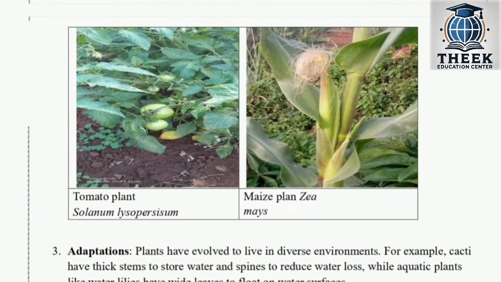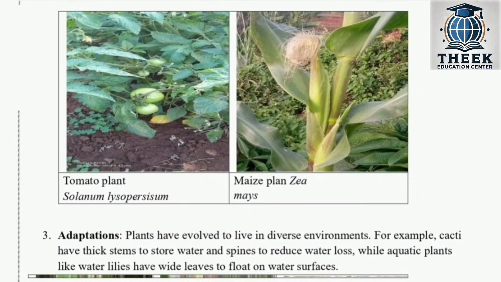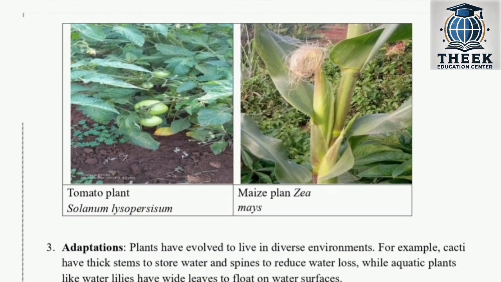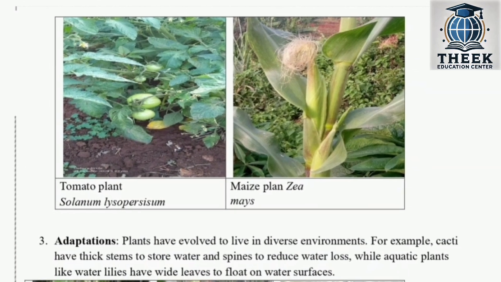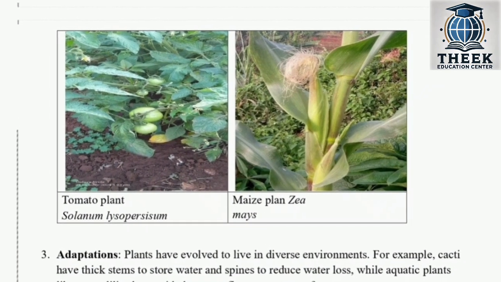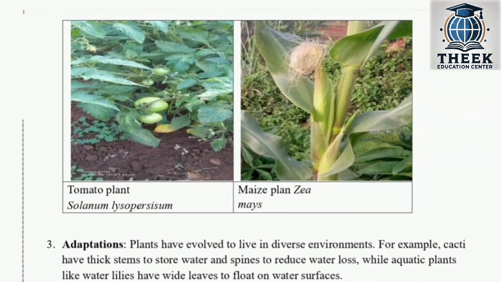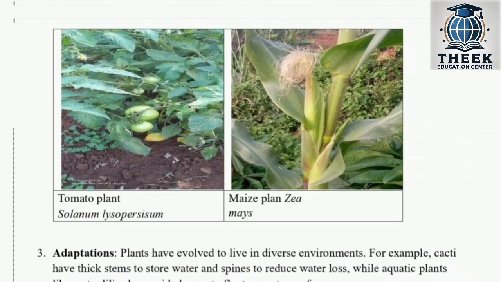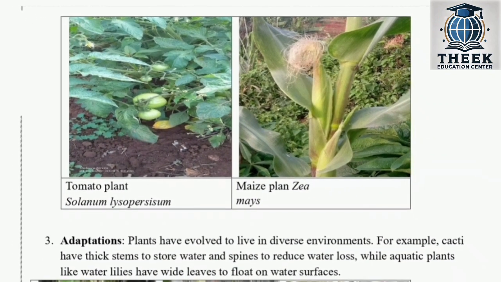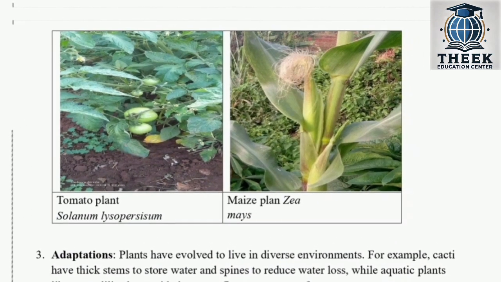How are they evolved to survive, or which features do they have that enable them to survive in diverse environments? For example, if you look at the cacti, they have what we call thick stems to store water and spines to reduce water loss.